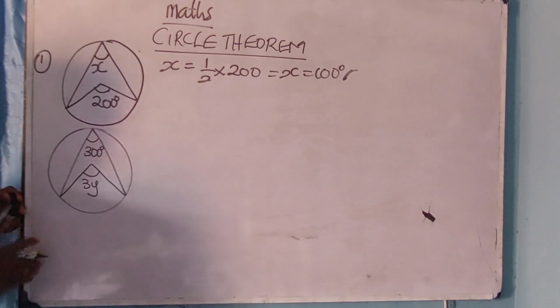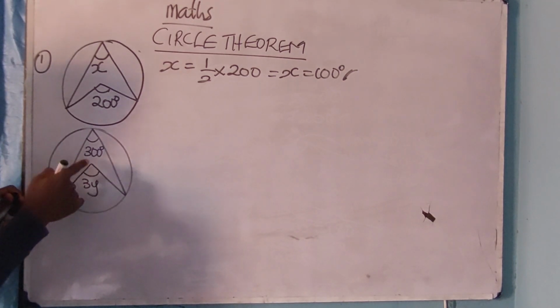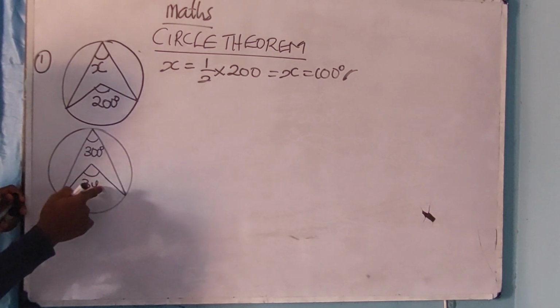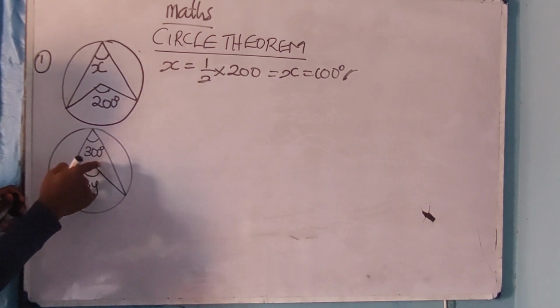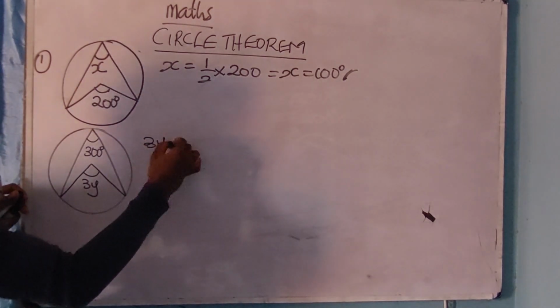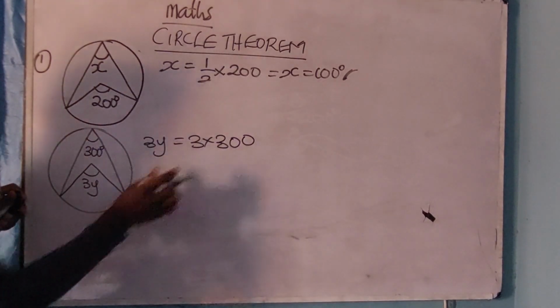For me to get the value of y, the angle at the center is twice the angle at the circumference, which means that 3y is equal to 2 times 300.